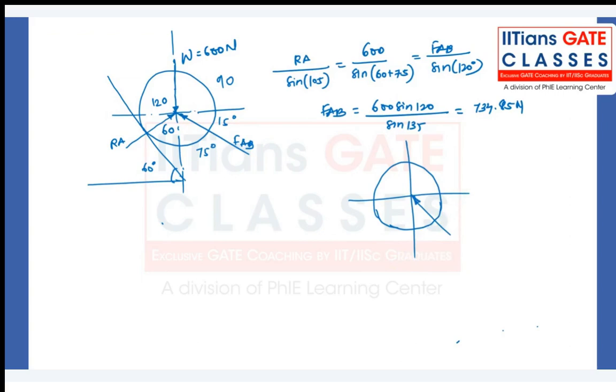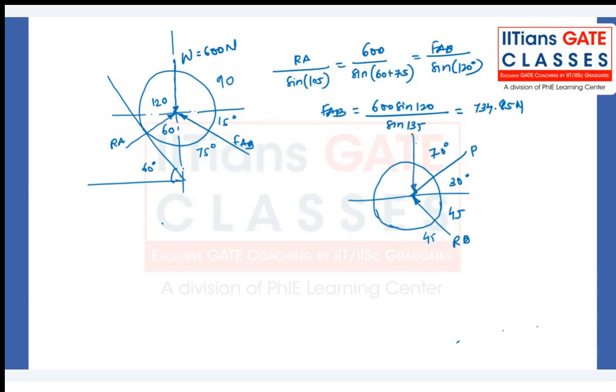We have RB. Okay, so this is also 45. P is acting at 70 degrees, so this is 30 degrees. Weight is acting in the downward direction, W. Let's do it here to make it easier.